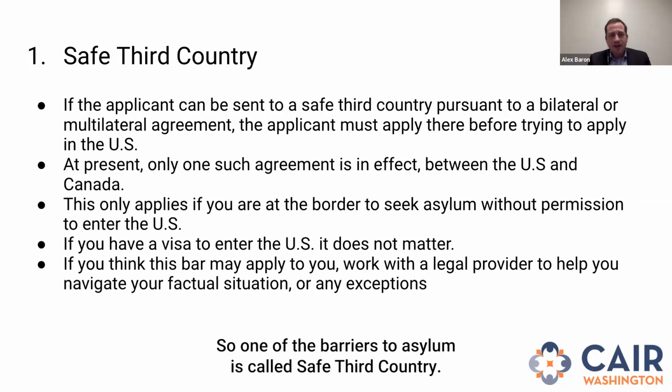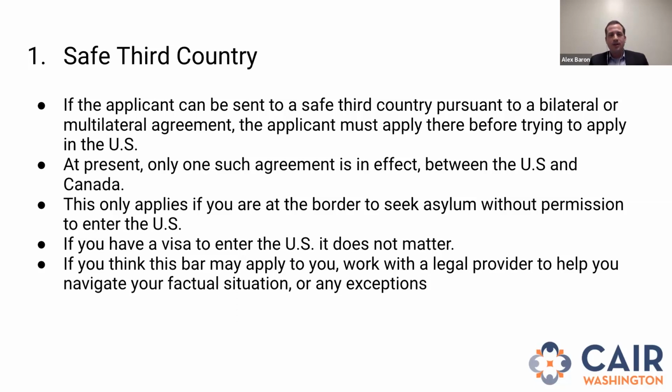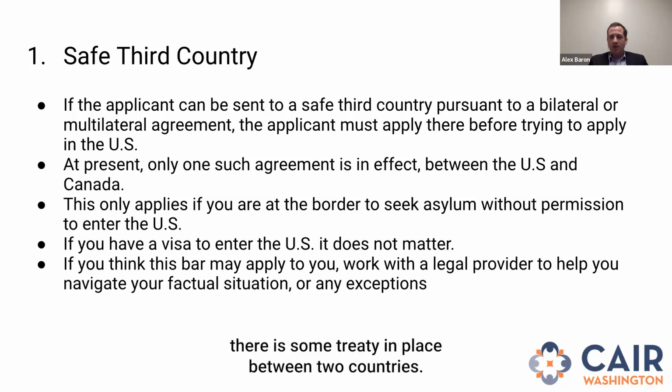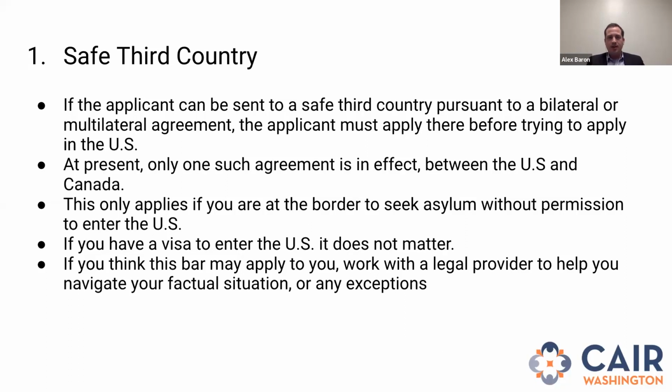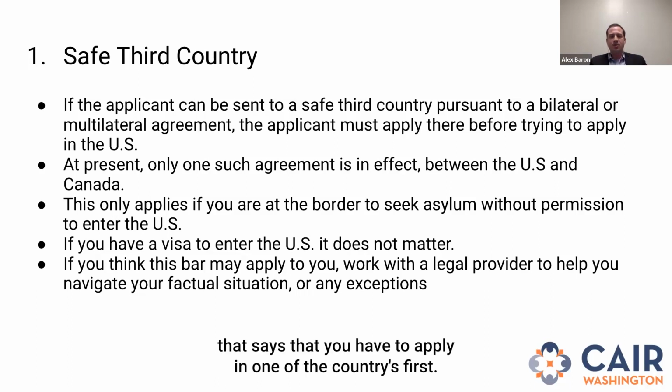So one of the bars to asylum is called safe third country. And what this means is that there is some treaty in place between two countries, a bilateral or a multilateral agreement that says that you have to apply in one of the countries first.